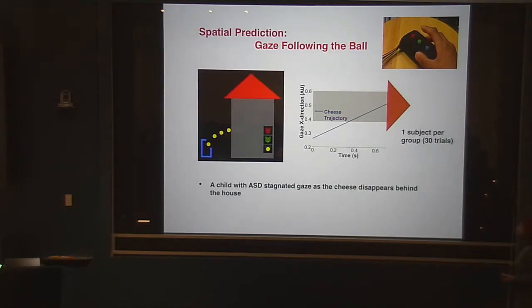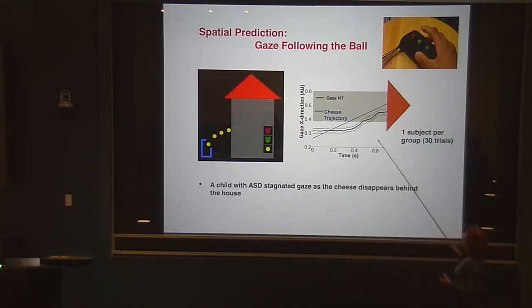For the same experiment, we also looked at the gaze trajectory, motivated by Pawan's earlier work on the Pong game. The subject wore an eye tracker, and here on the right is time, and this is the trajectory of the cheese or ball, which has a linear velocity, a linear change in the x direction over time.